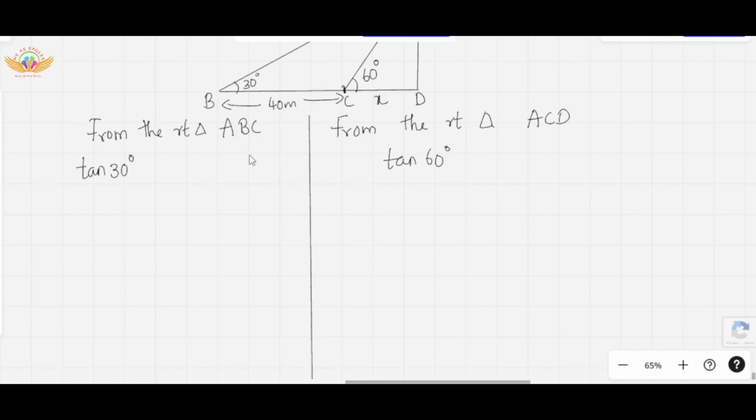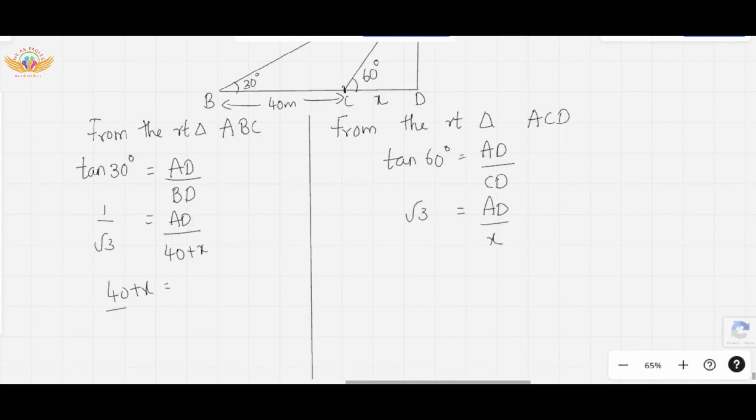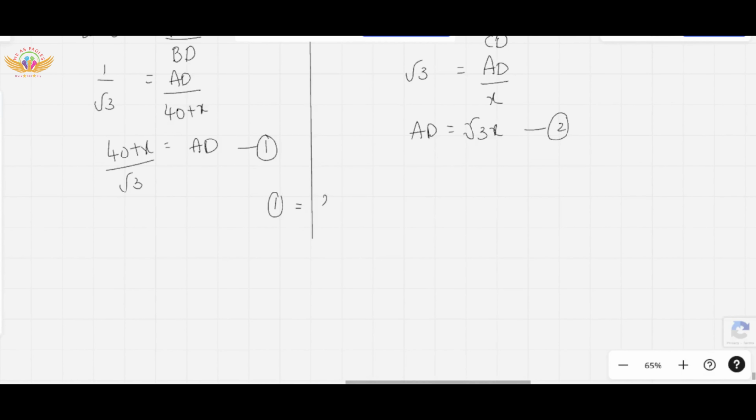Done. So let us do cross multiplication. (40 plus X) divided by root 3 is equal to AD, and here also AD is equal to root 3 X. Here we got some value for AD, and here also we got some value for AD. So now I am equating 1 and 2.